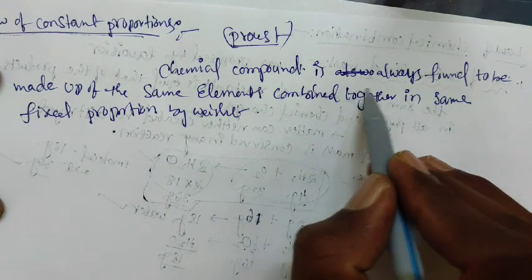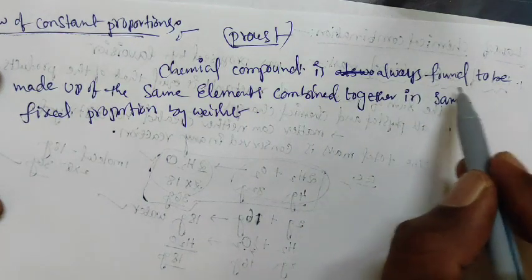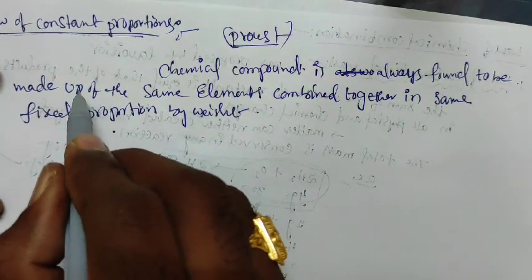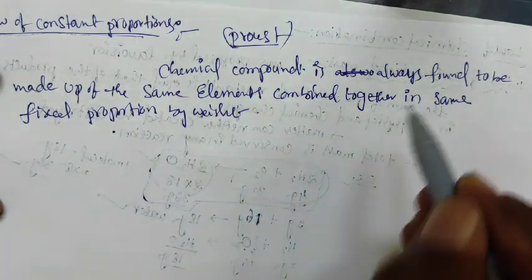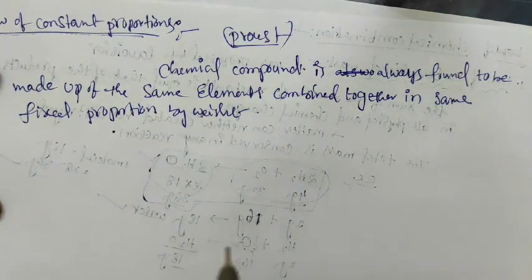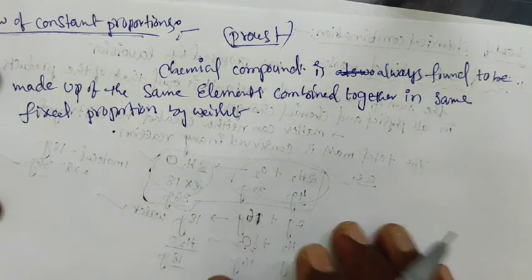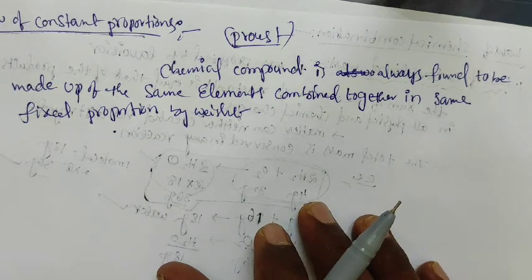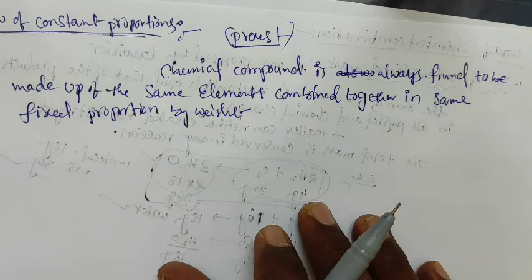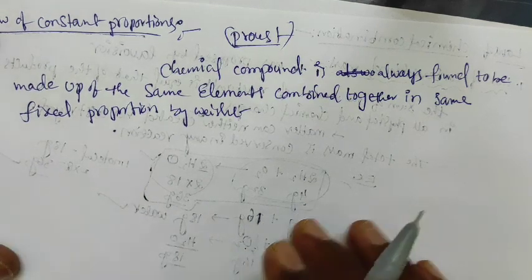So what is the law of constant proportion? A chemical compound is always found to be made up of the same elements combined together. Or in any chemical compound, atoms or elements are combined in a fixed proportion by mass or by weight. So how is it fixed?